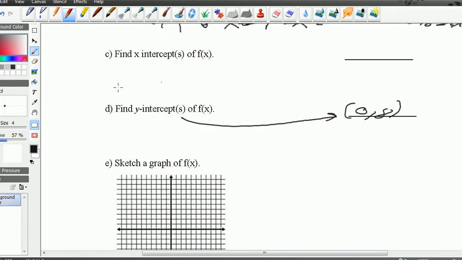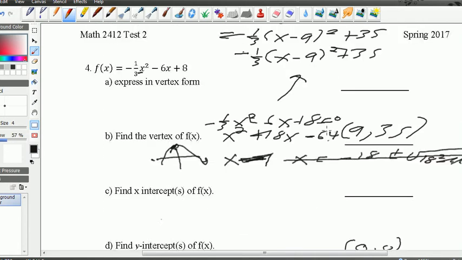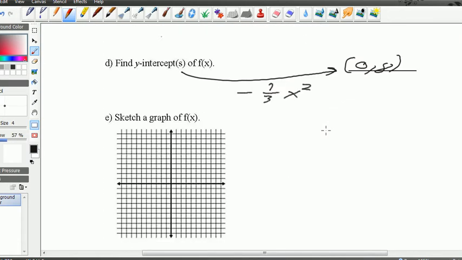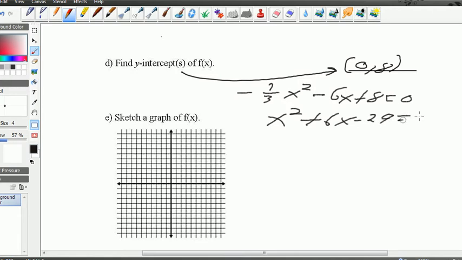I have minus 1/3 x squared. Was that a minus 6x? Minus 6x plus 8. Minus 6x plus 8 equals 0. Multiply everything by negative 3 gives me x squared plus 6x minus 24 equals 0.